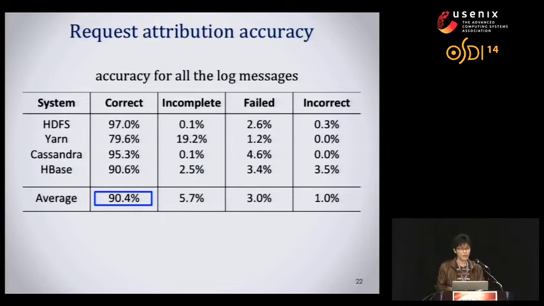The main reason is there are some identifiers in YARN which are passed through complicated data flow, and right now the current data flow analysis in Iprof is not aggressive enough to trace it. There are also 3% of the logs we cannot parse, so we categorize them as failed, and 1% of logs we added to the incorrect group.